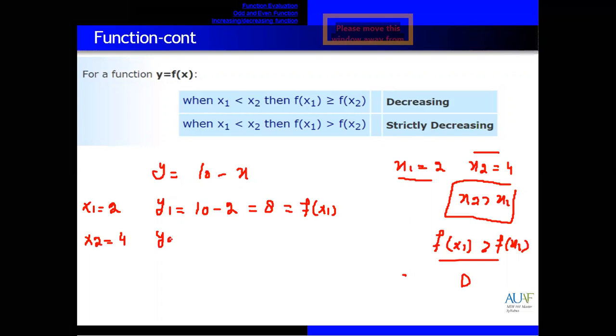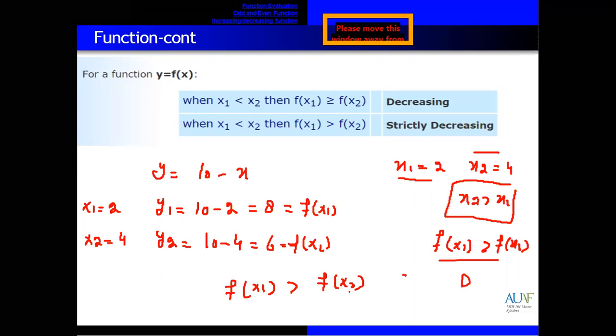So y2 equals 10 minus x, x is 4, so 10 minus 4 is equal to 6. This one is f of x2. Now you can see here that f of x1 is greater than f of x2. f of x1 is 8, greater than f of x2, equal to 6. So this condition is for a decreasing function.